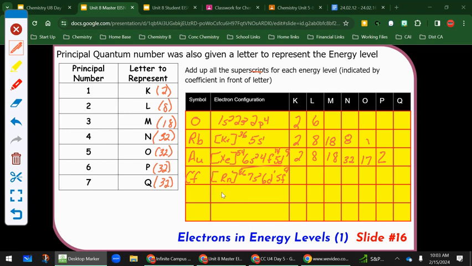What were they? 2, 8, 18, 32, 18, 8. Now we need to add how many in the Q? In the seventh energy level, how many do we need to add to that? 2. Where does this 6d1 go? Into the P. So instead of an 8, it becomes a 9.